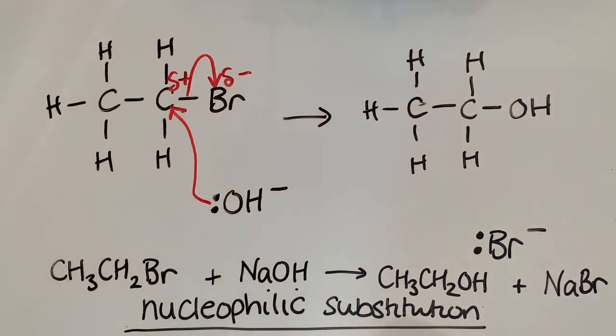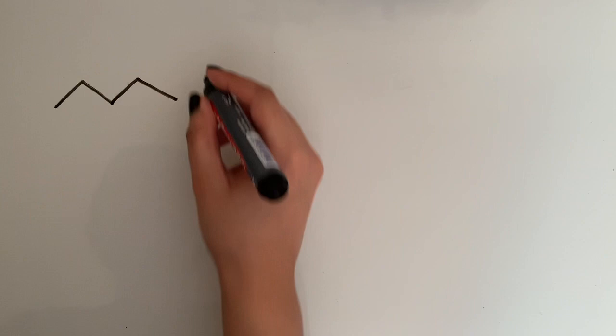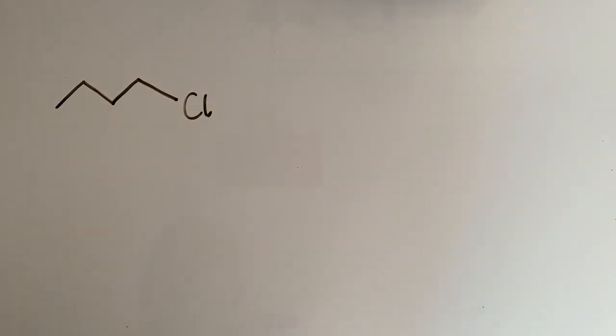Right, let's just have a look at one more example. And I'm going to do this in the skeletal form so we can see how that is done. Let's go for this. So over here I've got 1, 2, 3, 4. I've got 1-chlorobutane. Okay, so 1-chlorobutane here.